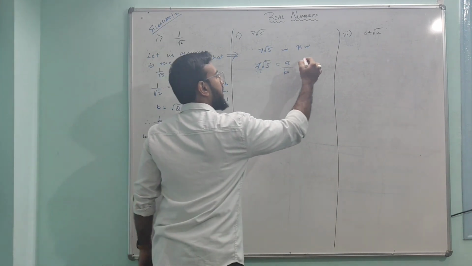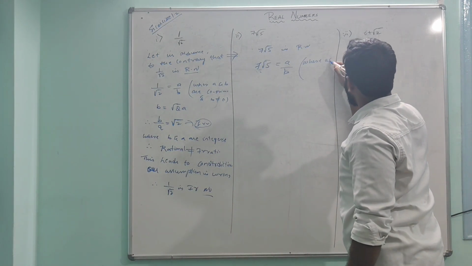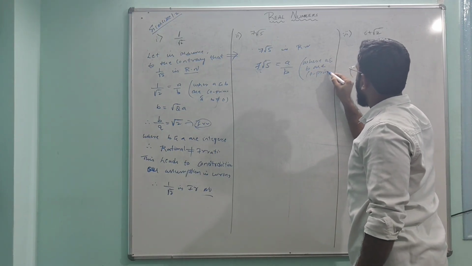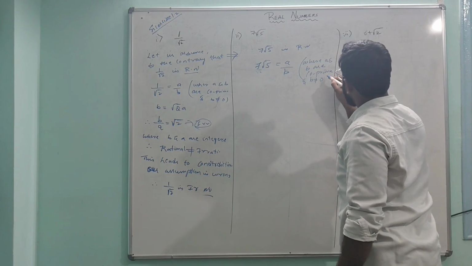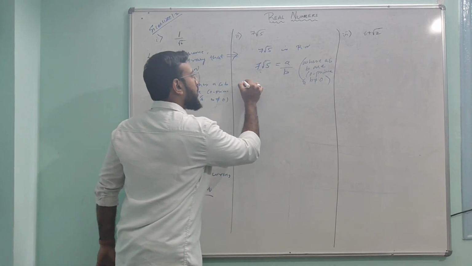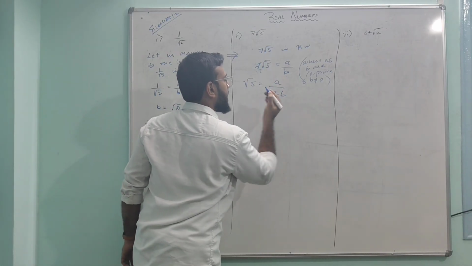We are assuming a rational number. Write the same story where a and b are co-prime and b is not equal to 0. How to solve this? Root 5 is equal to a upon 7b, multiplication goes to division.